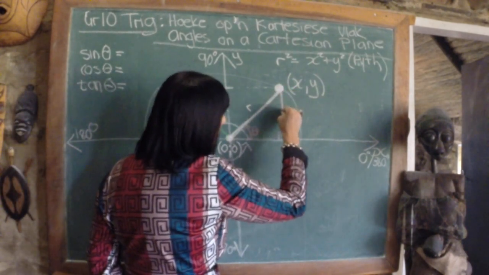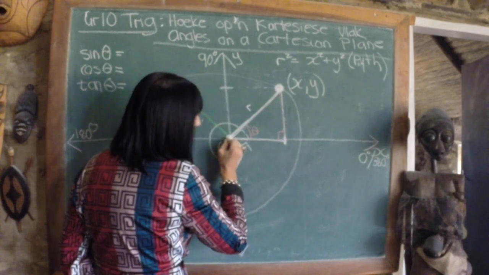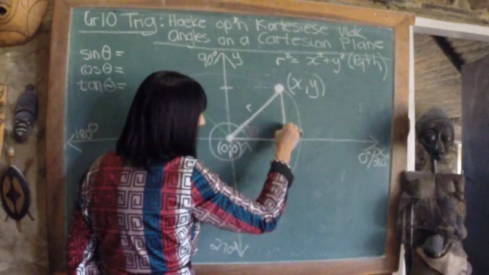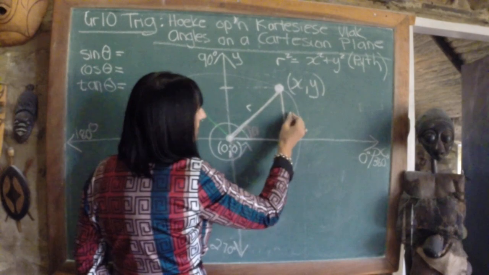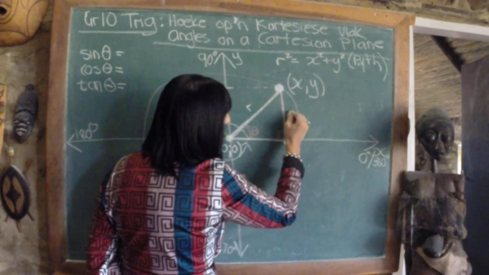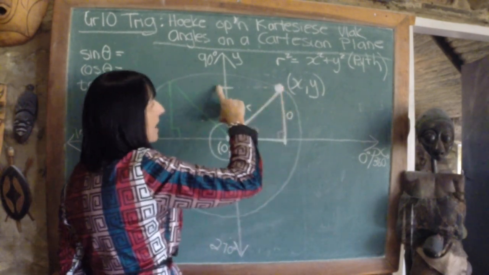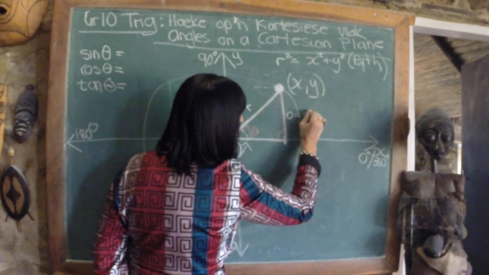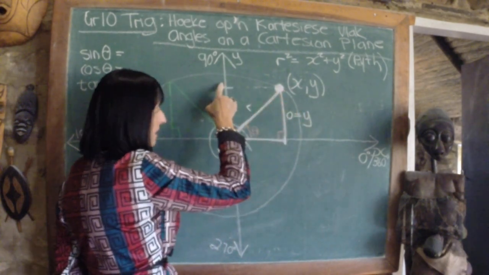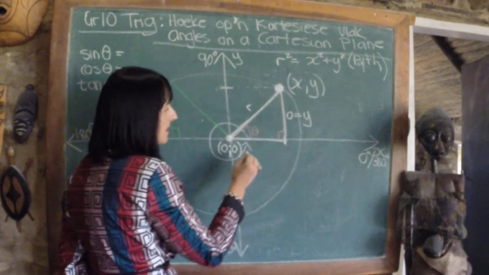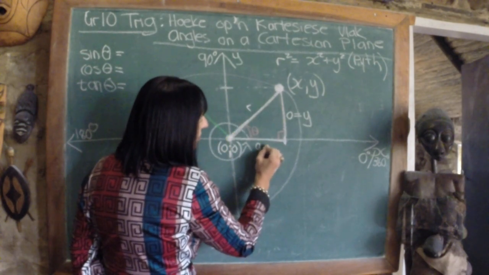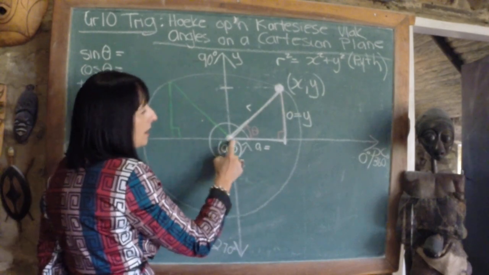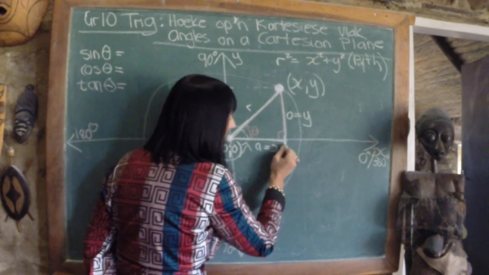So let's name this opposite and adjacent now. Otherwise, there's theta. So ons gaan sê, oorstaande is nou my y-waarde. Opposite equals my y value because I read it from the y-axis. The adjacent will now equal my x value.